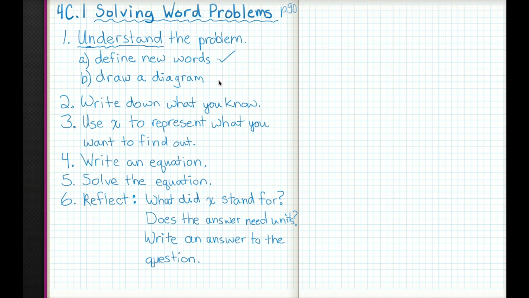The next step, particularly when dealing with something like Pythagoras' theorem, which is geometry, is to draw a diagram. I don't want to see anyone asking me for help with a problem if you haven't tried to draw it first. So if you've understood the problem, you should be able to draw a diagram that goes with it.